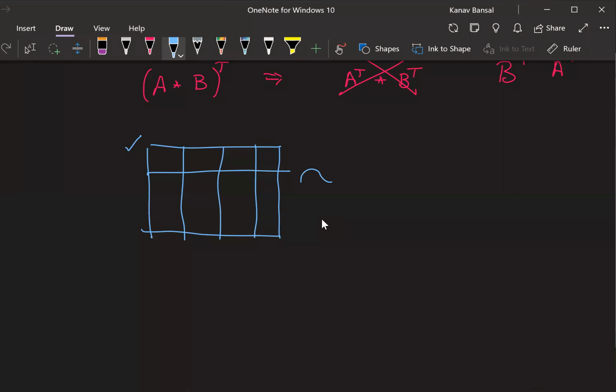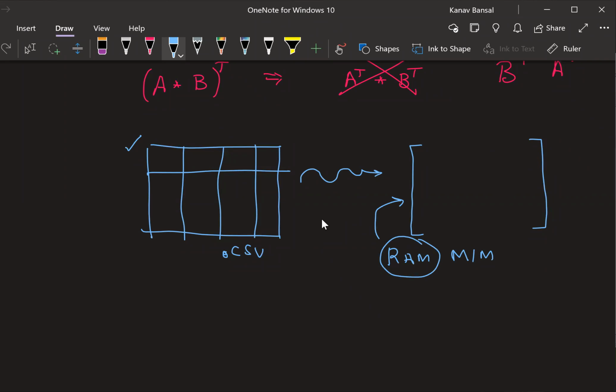Can you represent the data inside the memory as it is, as a CSV file or maybe an XLSX file? We can't. We have to represent it in the form of matrices, so we need to know some basic matrix operations. The data in the computer's memory, in the computer's RAM, is going to be present in the form of a matrix. Is it clear to everyone?